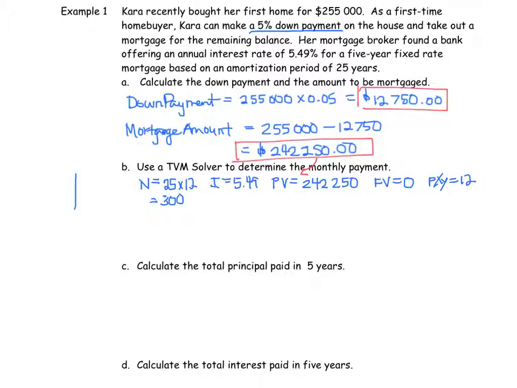Now, something new here for compounding periods per year. Canadian mortgages are always, the interest is always compounded semi-annually, meaning twice a year. So we need to make a note here that the compounding periods, if you're talking about a mortgage, will always be 2 for Canadian mortgages.